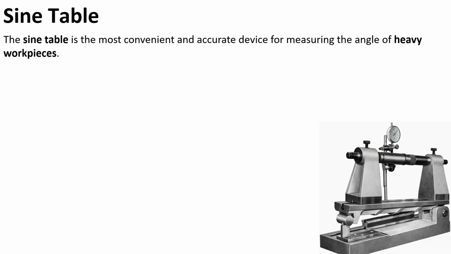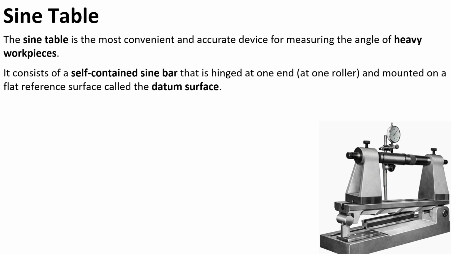Next we are going to discuss the Sine Table. Sine Table is the most convenient and accurate device for measuring the angle of heavy workpieces. It consists of a self-contained sine bar that is hinged at one end and mounted on a flat reference surface called the bottom surface.